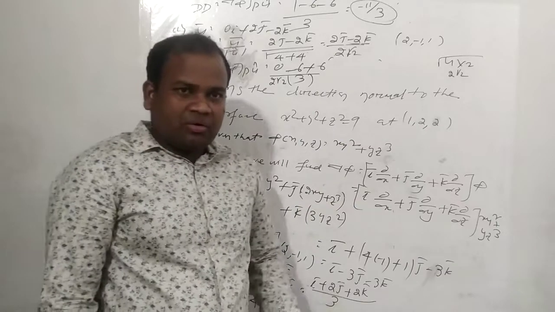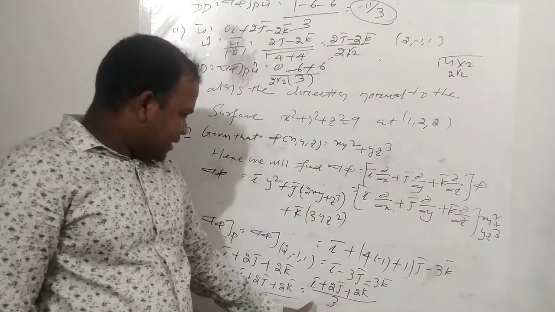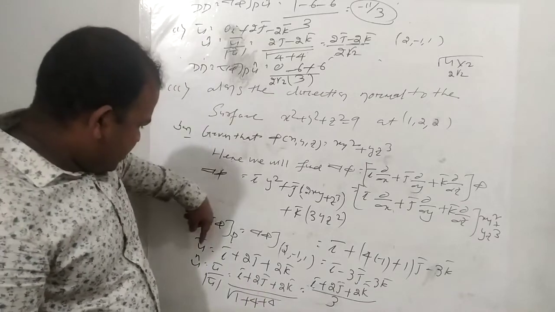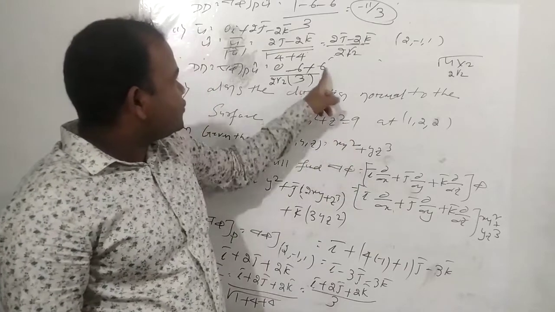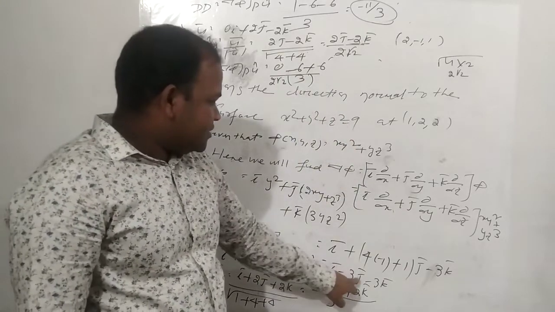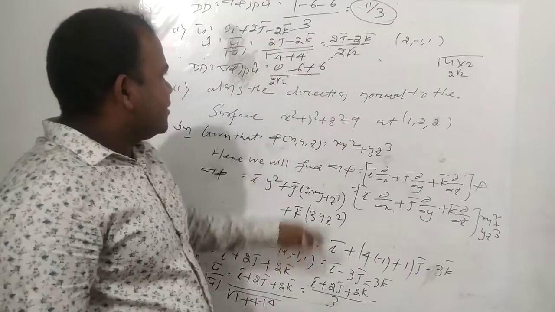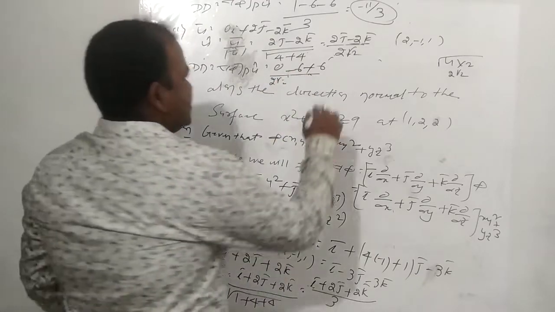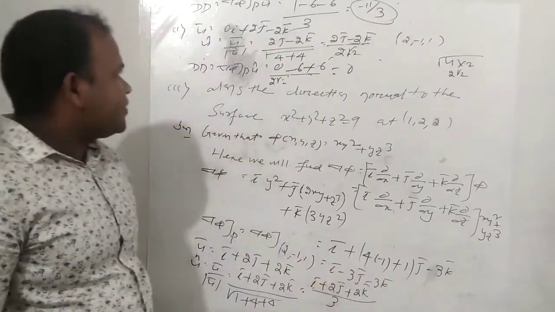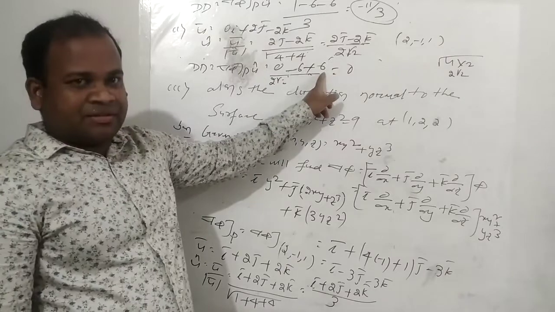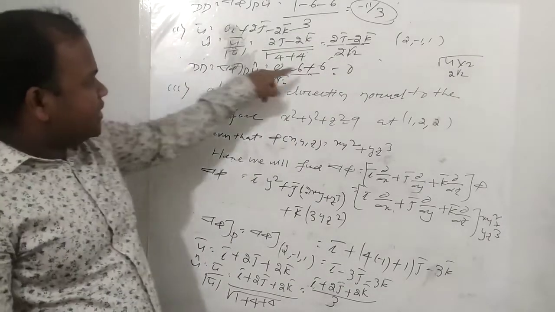So minus 6 plus 6 upon 2 root 2, the 3 is not there, only 2 root 2 will be there. So this is 0 minus 6 plus 6 equals 0. So in case of the second one it is 0.